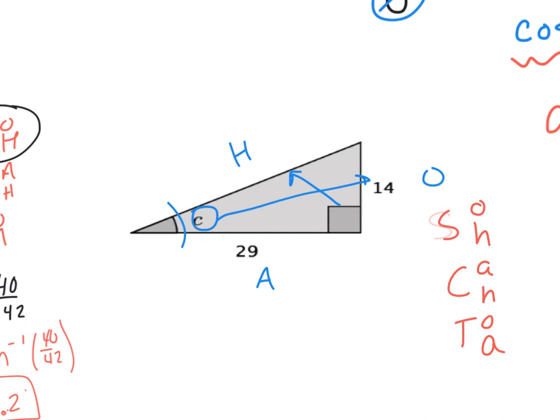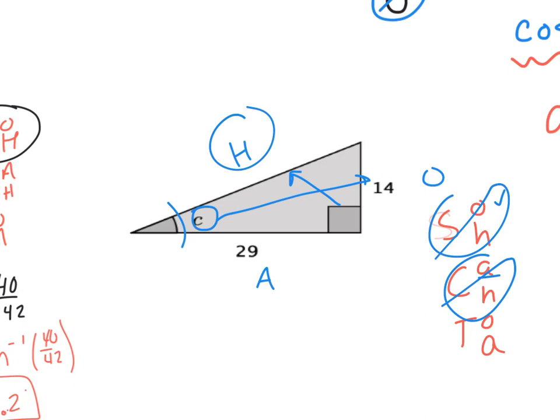So I'll do it in blue. I have information about my opposite, but I don't have information about my hypotenuse. So I'm going to circle and cross out. I have information about my adjacent, but I don't have information about my hypotenuse. So I can't use cosine either. So by default, I have to use tangent.